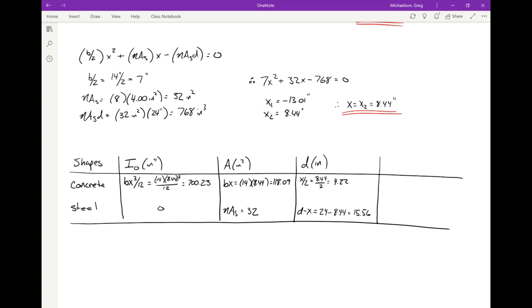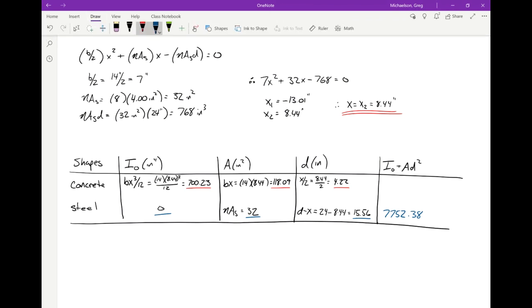All right, and so now that we have each of the quantities that we need, we say I naught plus AD squared. And so for the concrete, we just take that plus that times that quantity squared. And then for the steel, we would do the same thing. We would say that plus that times that quantity squared. And so for the steel, that comes out to 7752.38.